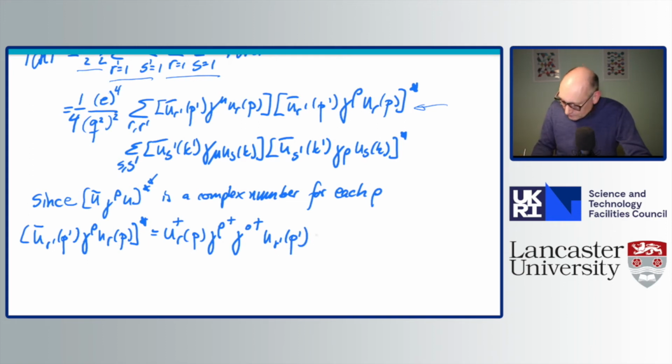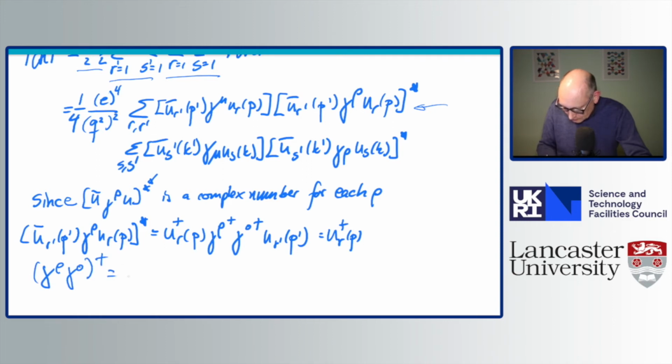Now this is equal to the Hermitian conjugation of spin r of the spinor with momentum p, of course, gamma rho, gamma 0, Hermitian conjugated.